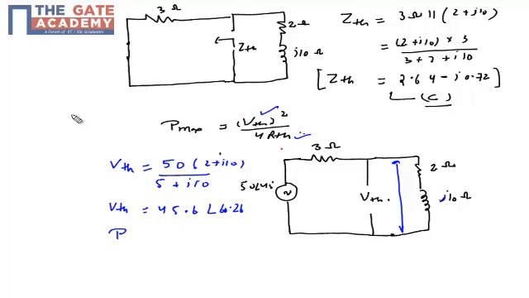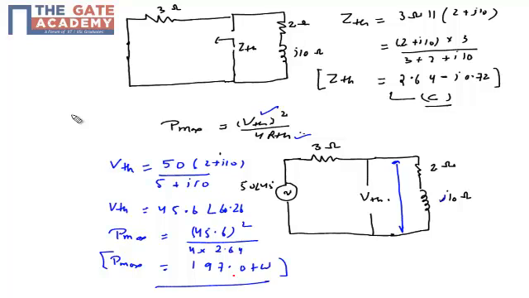I already know the RTH, so I just calculate P max, which is 45.6 whole square upon 4 into 2.64. I'm just calculating the real values. So my P max will be equal to 197.07 watt. In the problem, this is option C.